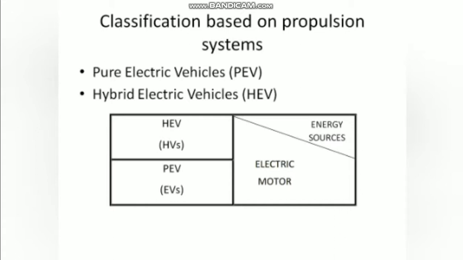A pure electric vehicle uses an electric motor as the sole device for propulsion, while an HEV uses both an electric motor and an IC engine for propulsion. Popularly, pure electric vehicles are also known as EVs, while HEVs are known as only HVs.